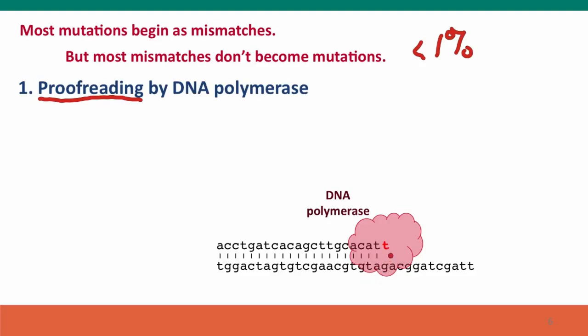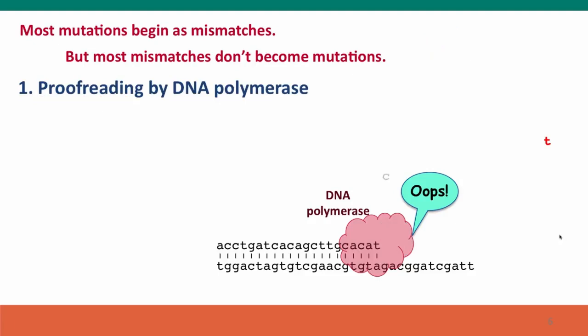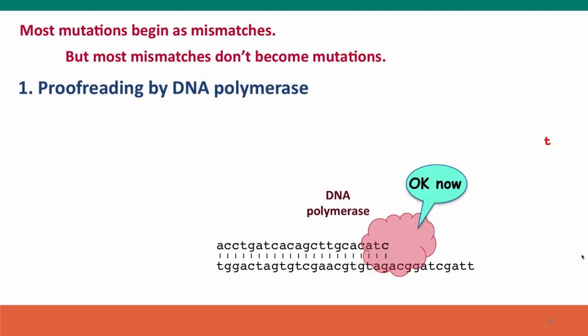And if that base doesn't form a proper base pair with the template strand, DNA polymerase backs up, and this brings into position a part of the DNA polymerase that's able to cut out the defective, the mismatched base, which then allows DNA polymerase to proceed synthesizing, inserting a correct base, and then continuing with the synthesis of the DNA.